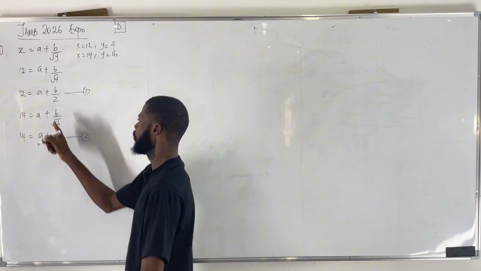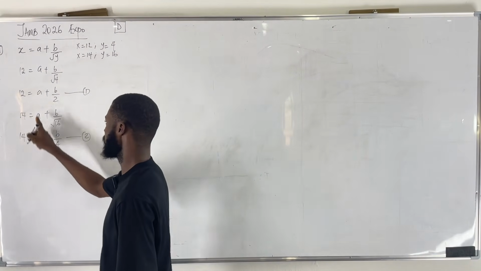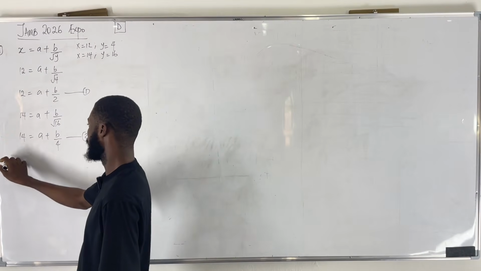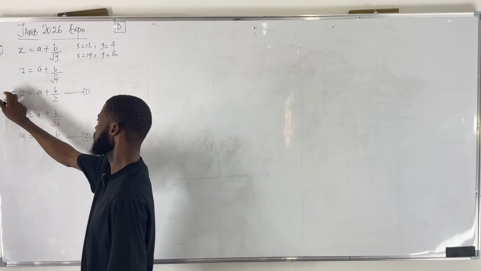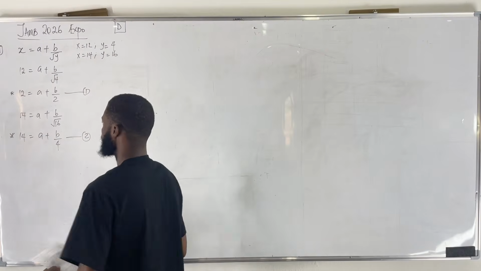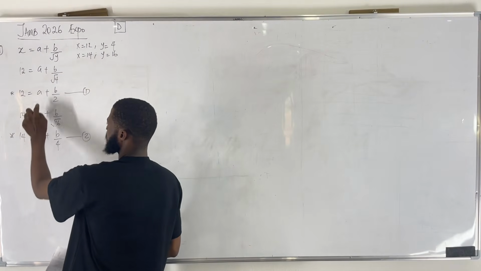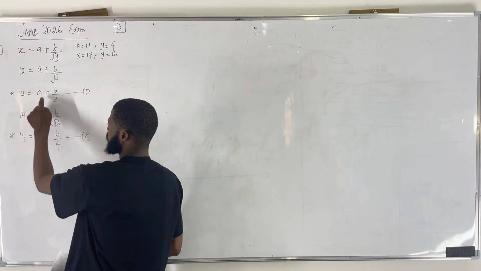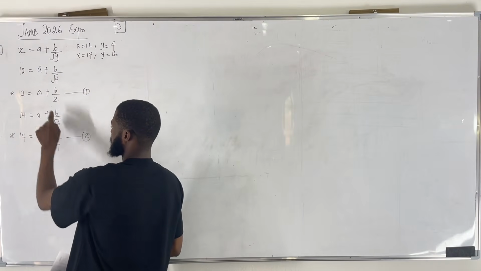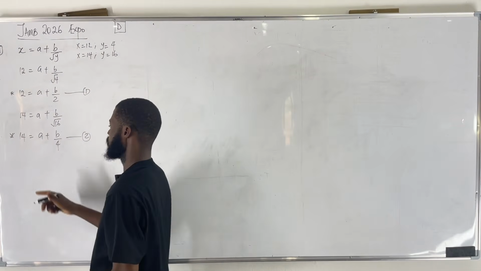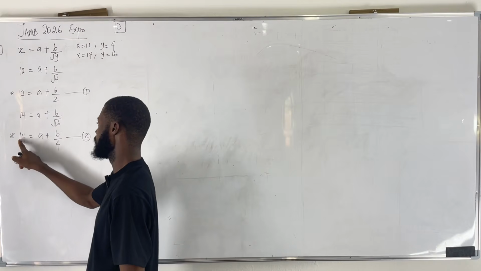All right. Now I'm going to bring these two equations close together. So I have this and I have this. If you notice, they have a in common, right? So I can actually subtract both equations. I can do this minus this and this minus this. So let's do it like that. I'm going to say subtract both equations.